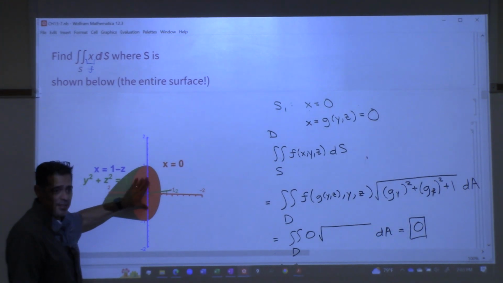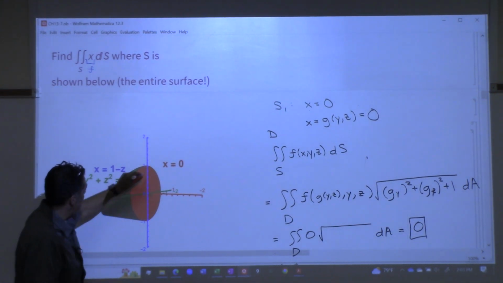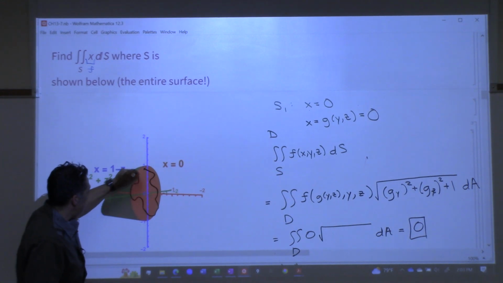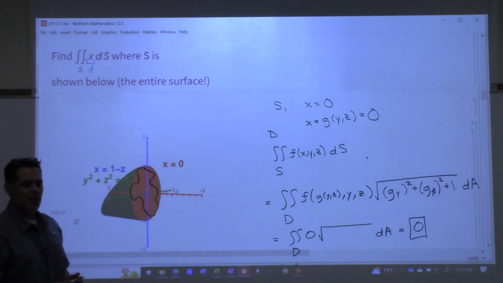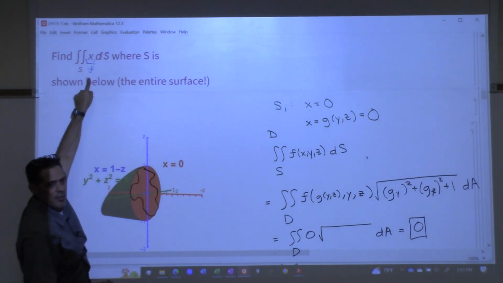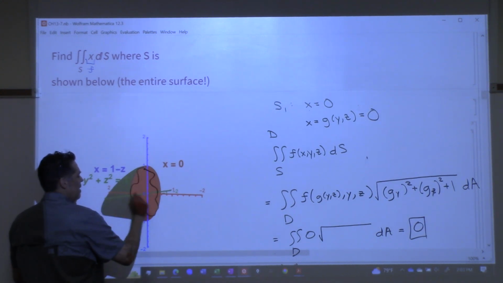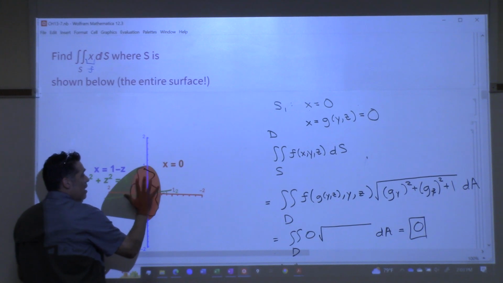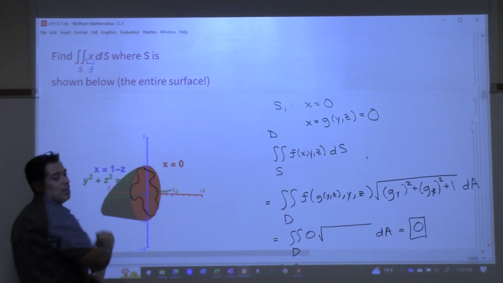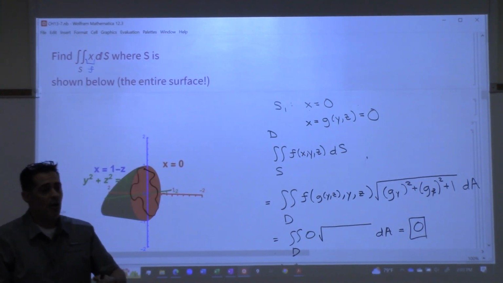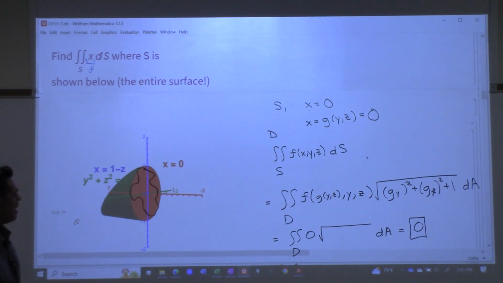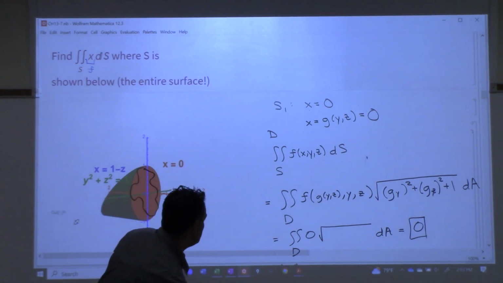It could not be a disk. It could be real wonky looking like this instead of that disk, and I would still get 0 because the scalar function is 0, right? If I were just flat up against the xz plane, no matter what the shape was, plugged in there, it's going to be 0. So I don't need symmetry at all for that, right? I think you could make an argument for symmetry here, but it wouldn't be required.